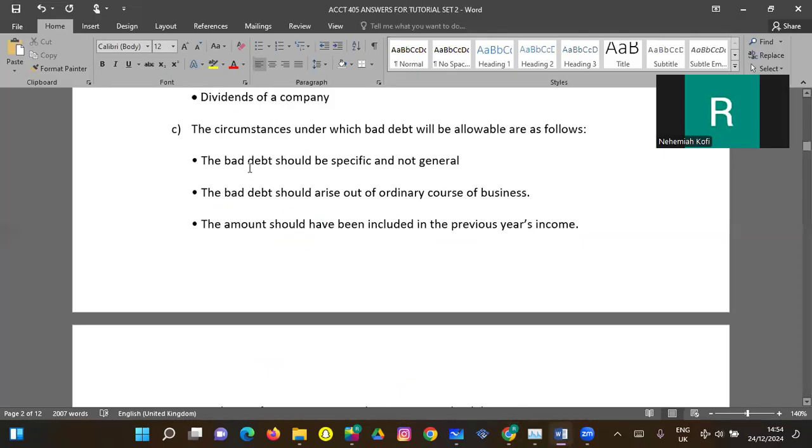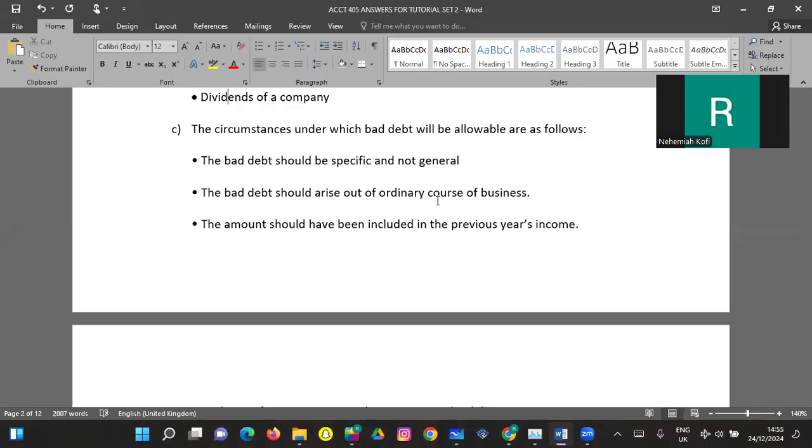So the bad debt should be specific and not general bad debt. So in any taxation question, when you see general bad debt, then it is not allowable for deduction. But when you see specific bad debt, then it is allowable for deduction. The bad debt should arise out of the ordinary course of business. So the bad debt should relate to the particular business that you are doing.